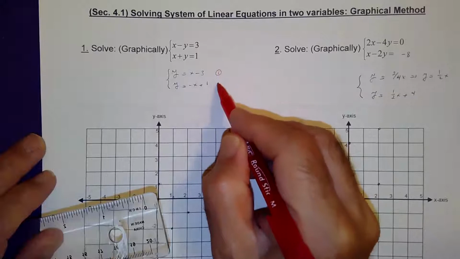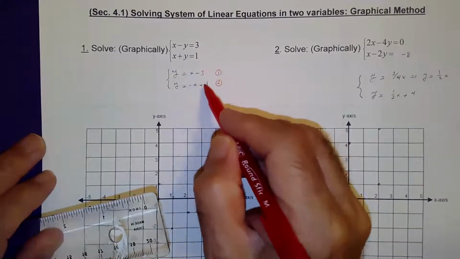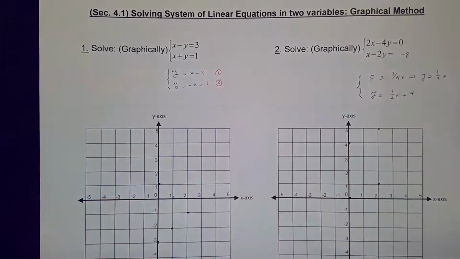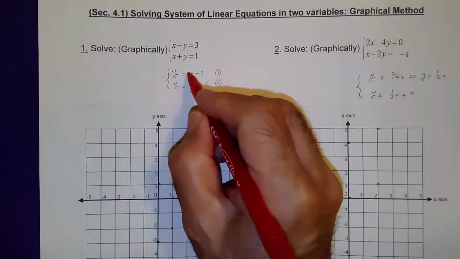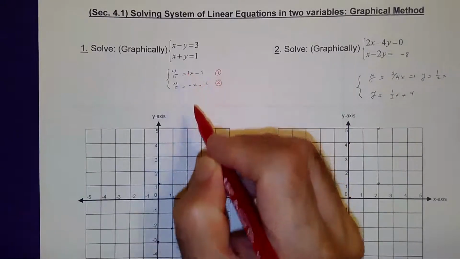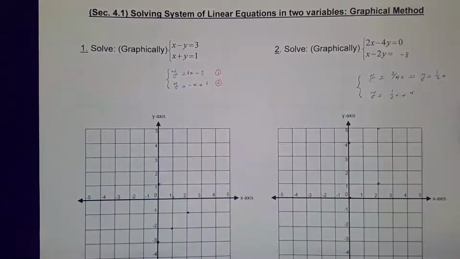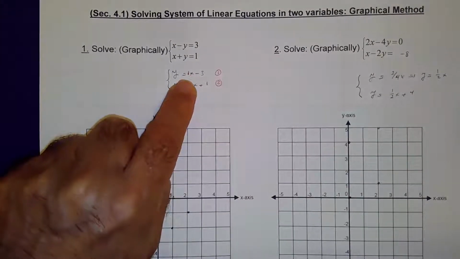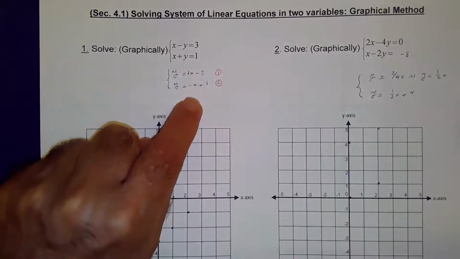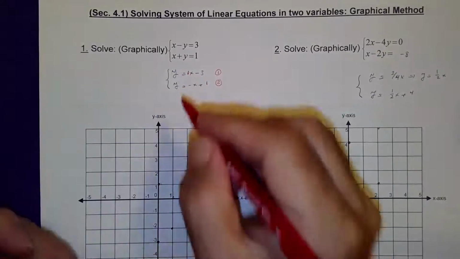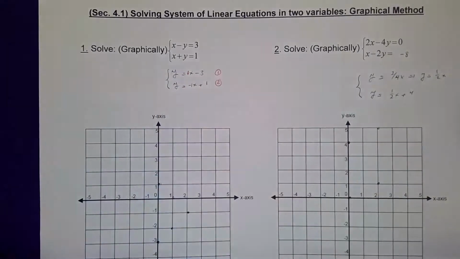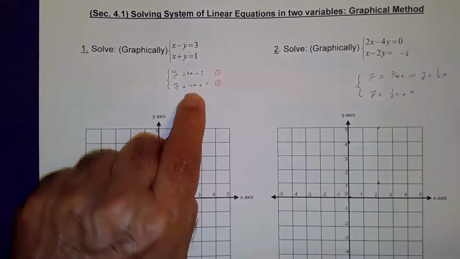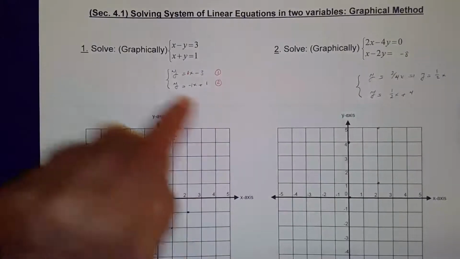So if you isolate the equations for y, you put them in slope-intercept form. Notice if the coefficient of x is not visible, by default that means 1. So the slope of this line is 1, the y-intercept is -3. The slope of the graph of equation number 2 is -1, and the y-intercept is 1.